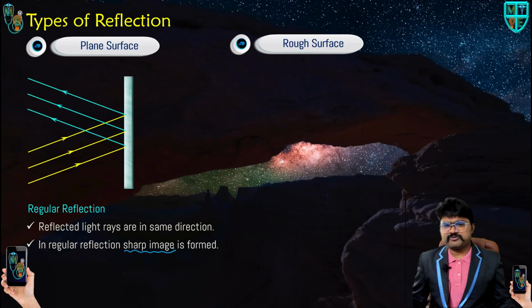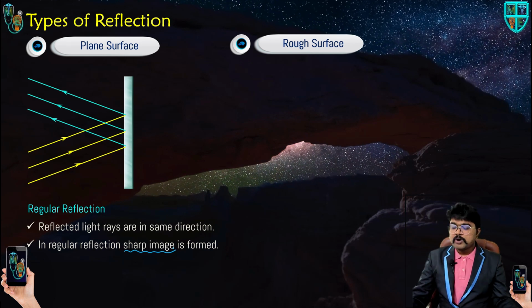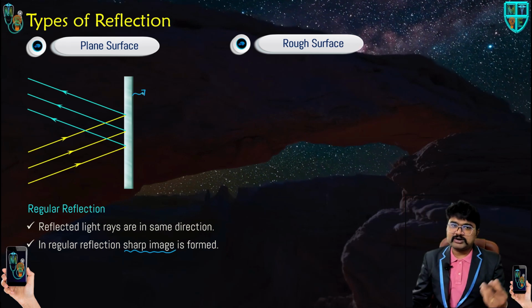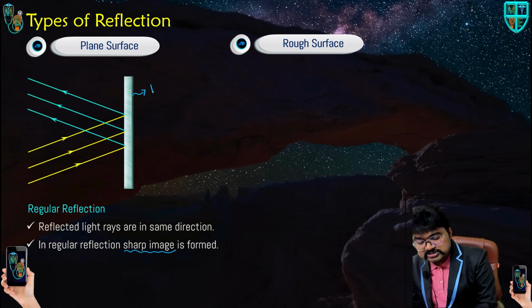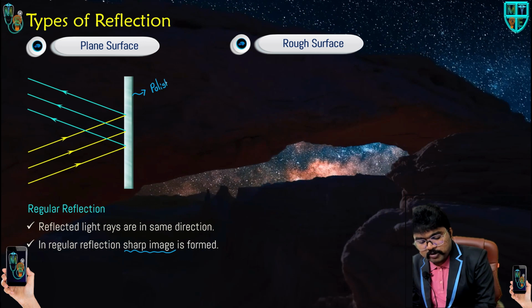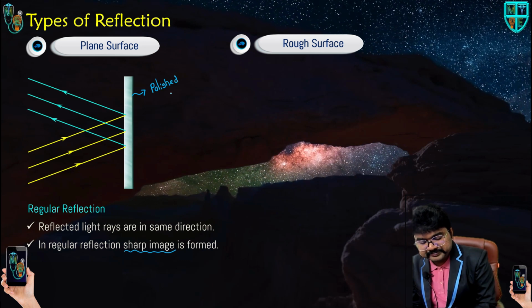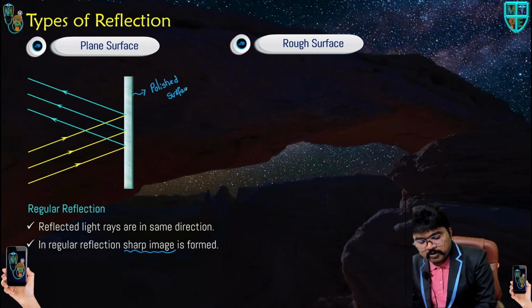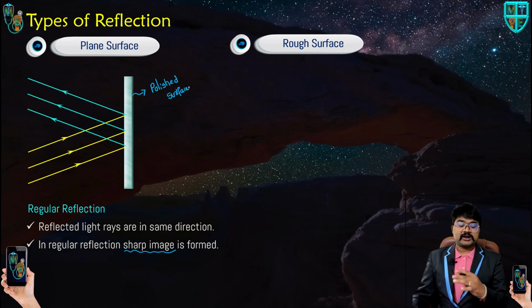And rough surface. Generally it is a polished surface. If nothing is mentioned, we need to assume it as a polished surface. Plane surface in the sense, here it is a polished surface. Here, a rough surface.